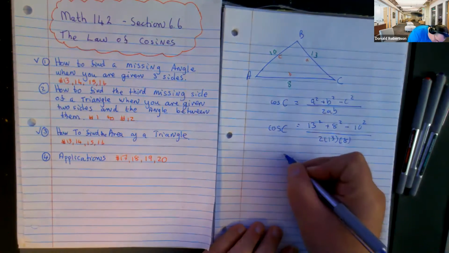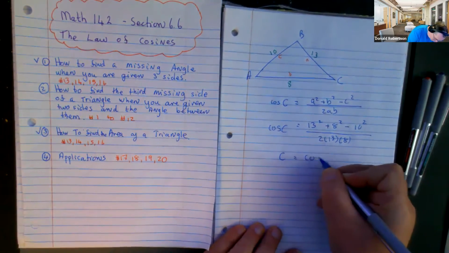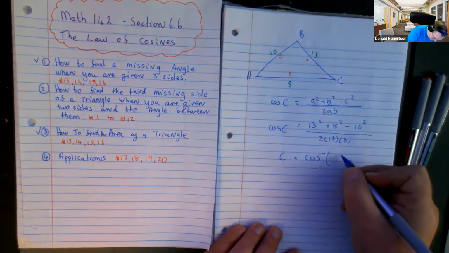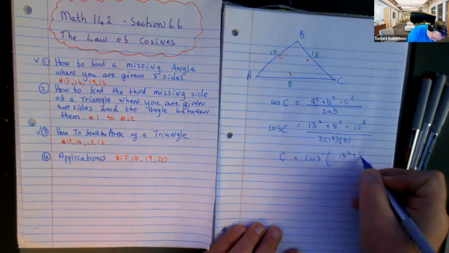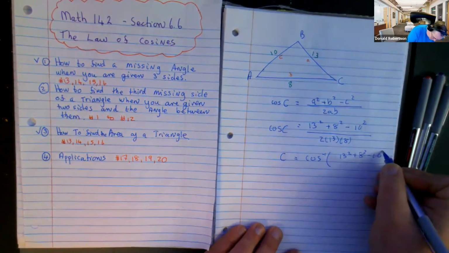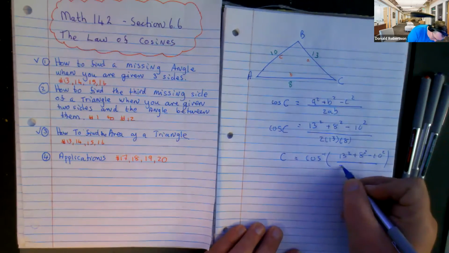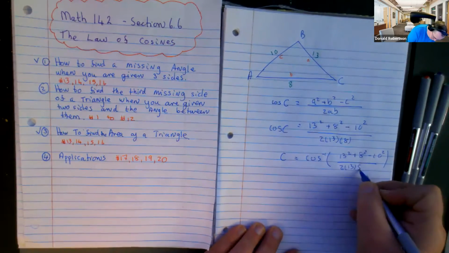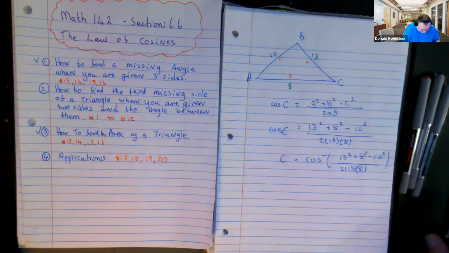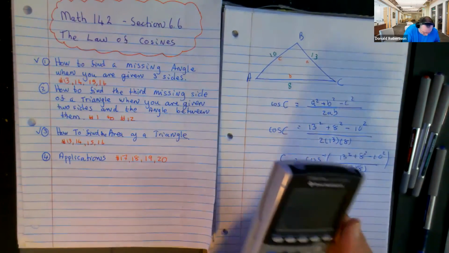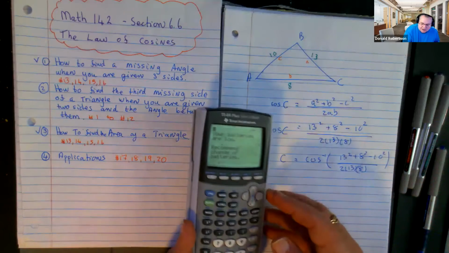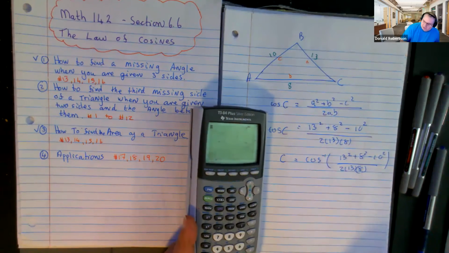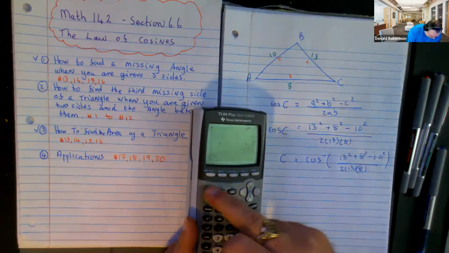Now, I like to do this in one big go. That way I only need to use my calculator once. Some people choose to do it in 2 steps, and that's also okay. This has been low battery for days, so I'm just going to keep going with it until the battery does die.